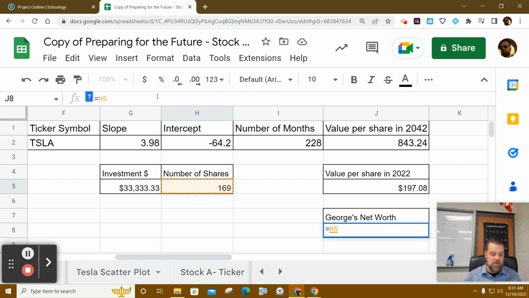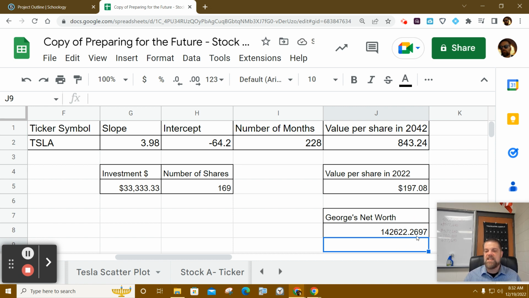And I have to multiply, because this is the value in 2042, so I'm going to multiply with Shift 8. That's where you get the multiplication symbol. It's called an asterisk. I'm going to multiply whatever the value per share in 2042 is, and then what do I do when I'm done entering? When I'm done entering in a formula, hit enter or return, depending on your computer.